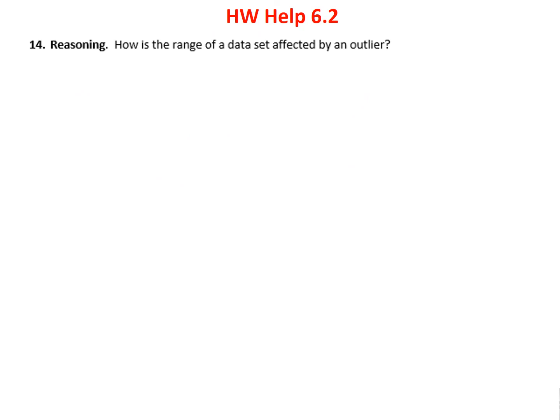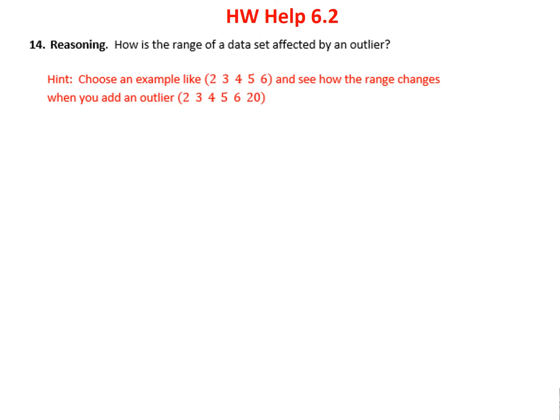In our last problem, it asks, how is the range of a data set affected by the outlier? We've seen that an outlier skews or causes the mean to be overvalued or undervalued, but what does it do to the range? As a hint, just think of an example. If I have 2, 3, 4, 5, 6, the range is 6 minus 2, which is 4.